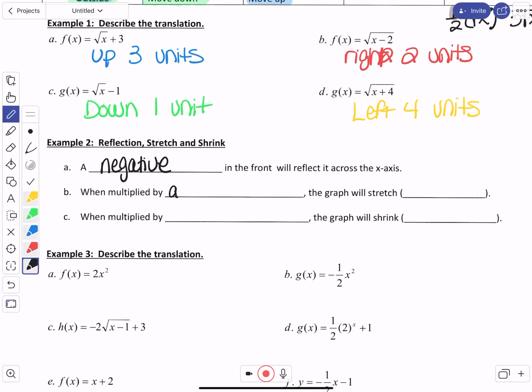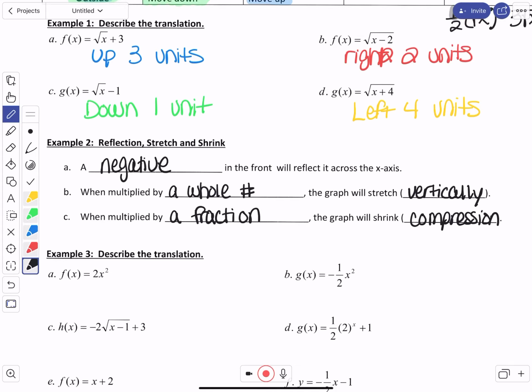When multiplied by a whole number, the graph will stretch vertically. And when multiplied by a fraction, the graph will shrink, and that's a compression.